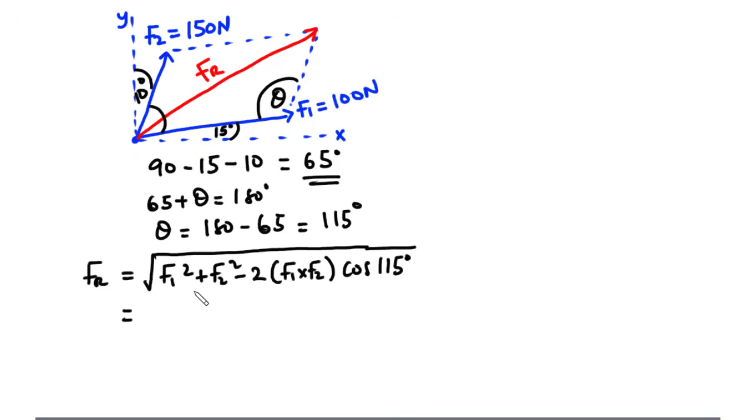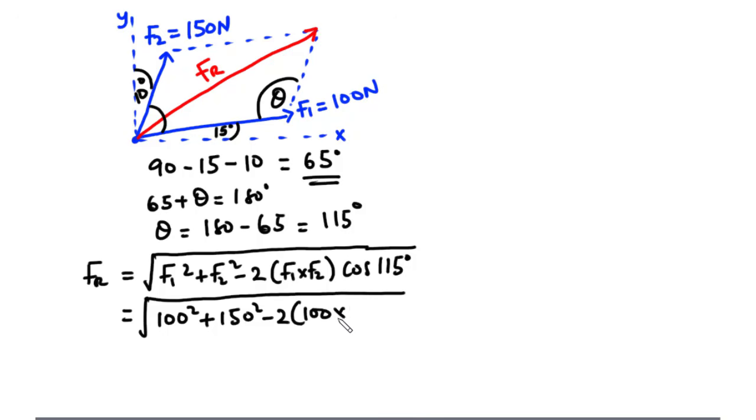Now we have F1 to be 100 newtons and then F2 to be 150 newtons. So we have 100 squared plus 150 squared minus 2 into brackets 100 times 150 cosine 115 degrees.